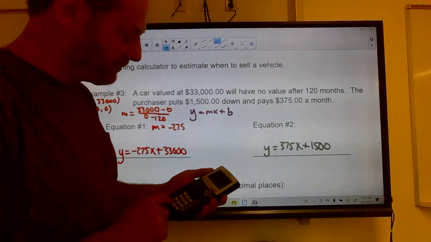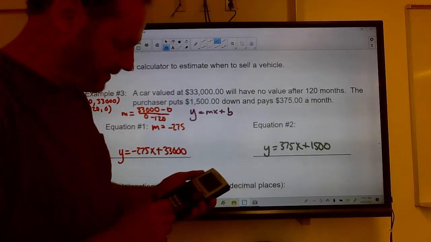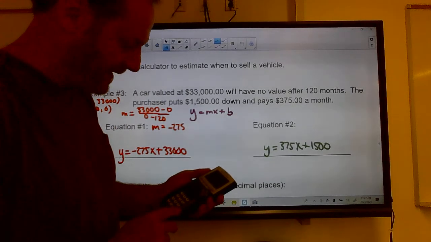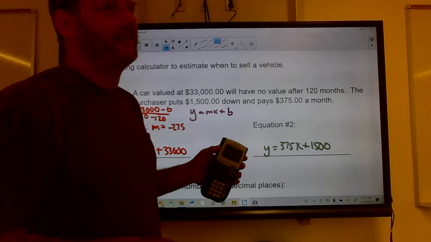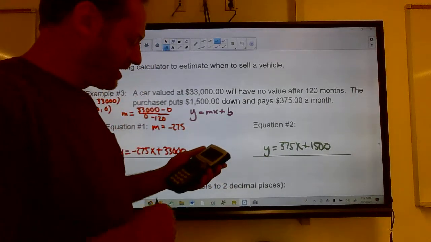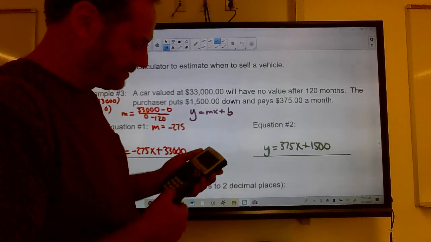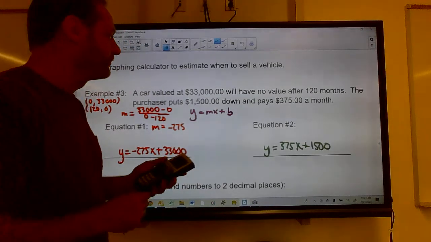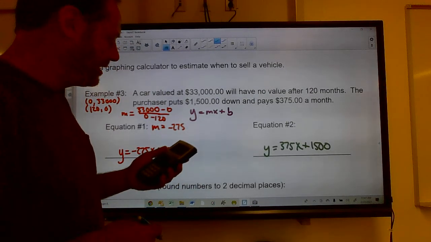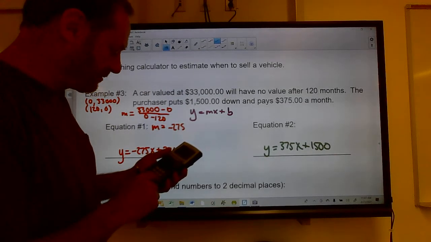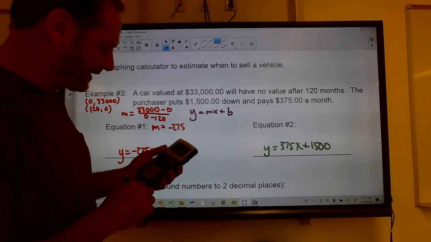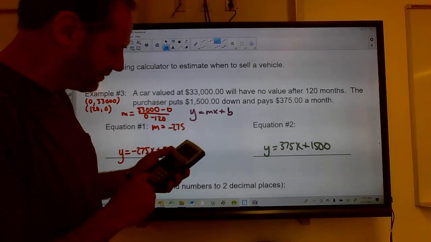So I'm going to push 0 for the x minimum, and 120 for the x maximum. The next thing says XSCL, that means X scale. Probably going to count by tens. Then my Y minimum, I'm going to make 0, and my Y maximum, 33,000, and probably count by 3,000.